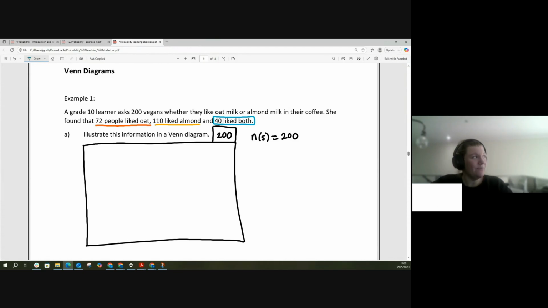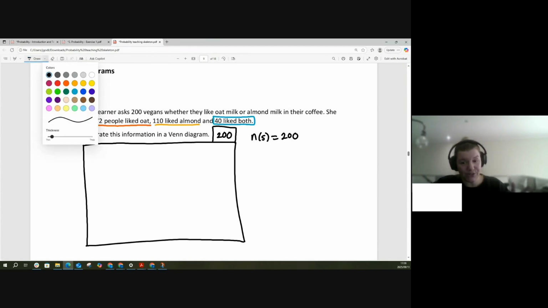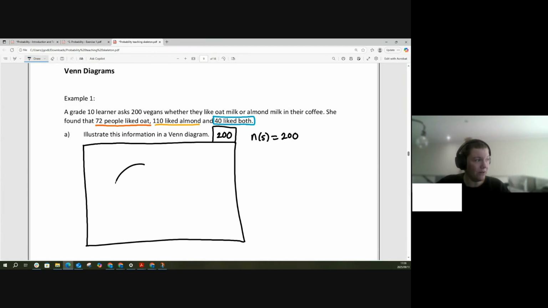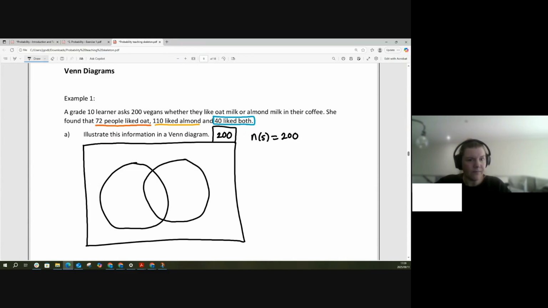So I'm going to have two circles that I care about. I have oat milk and I have almond milk. Let me make that a little bit bigger to make it easier. Okay, so I've got my oat and I've got my almond.